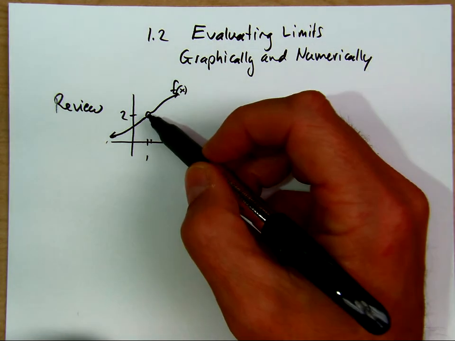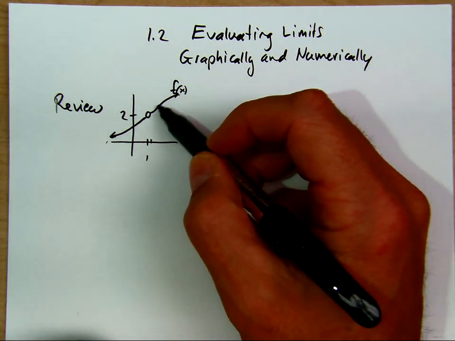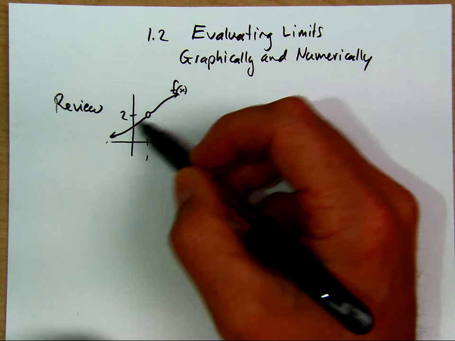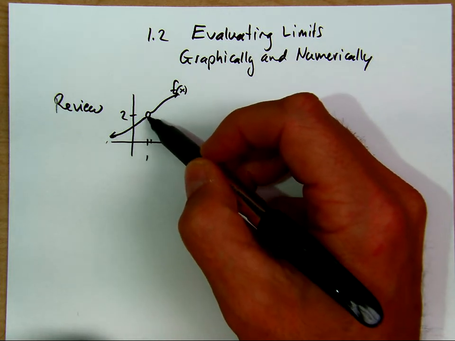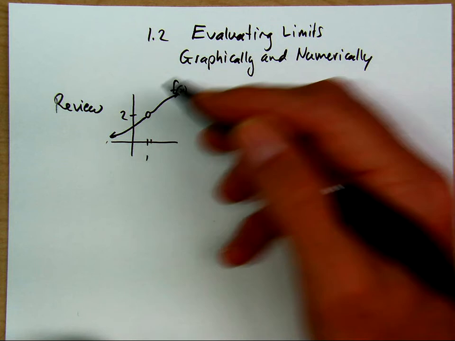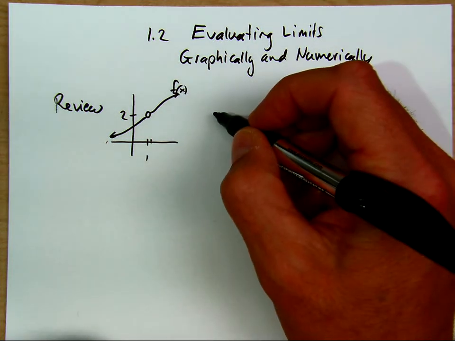We can describe what's happening to f, what's happening to the graph as it gets close to that missing point, and that is what we're going to do with limits.